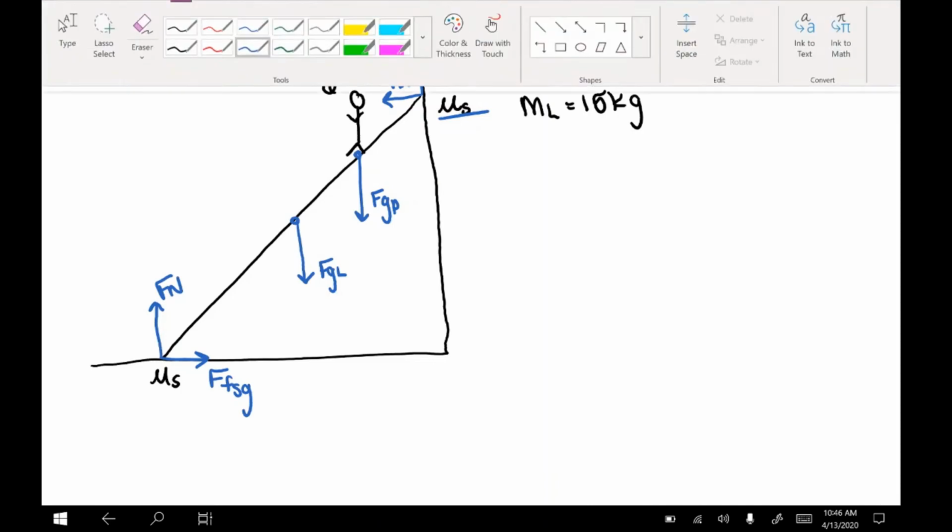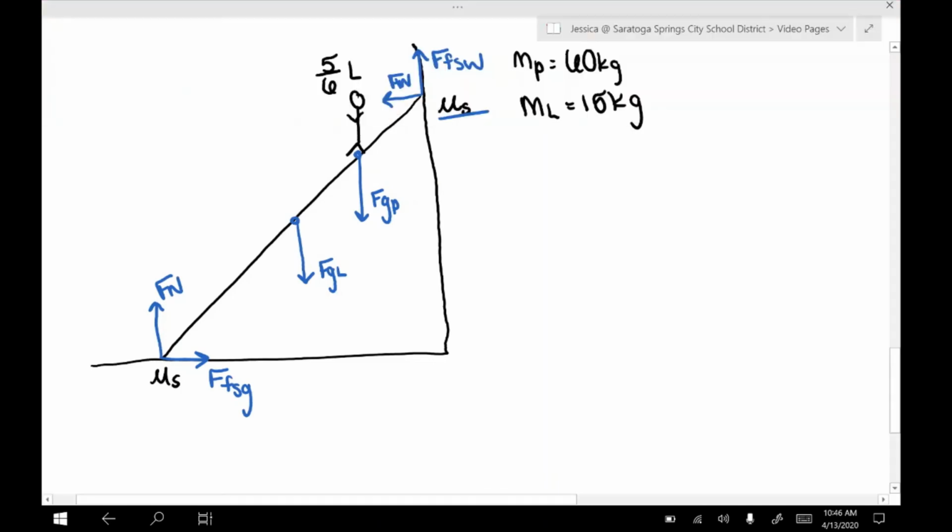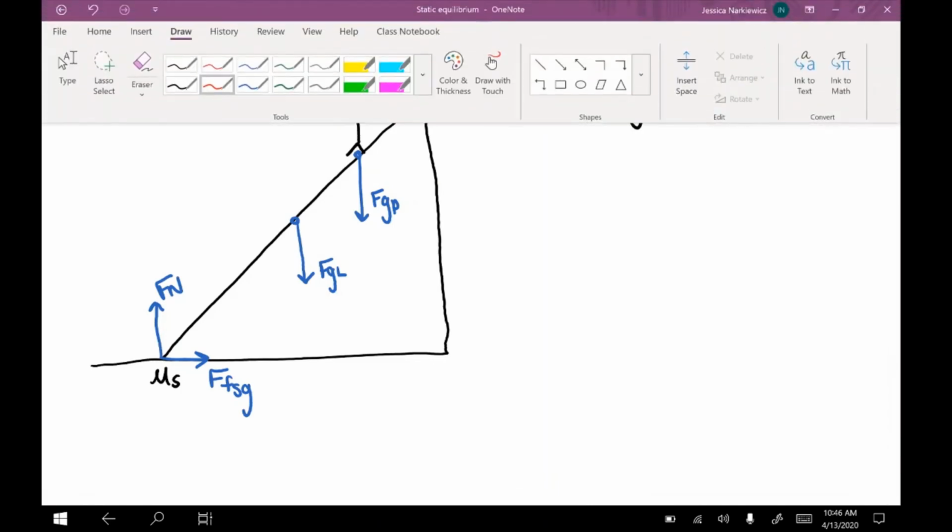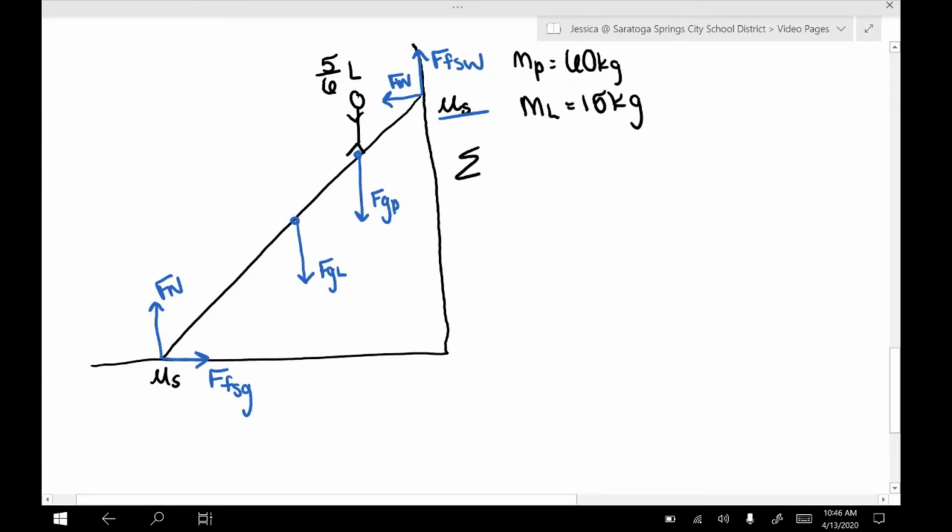Okay. So, net torque, net force. Super fun. Let's start with net torque. Okay? I'm going to say that my axis of rotation is this bottom point here, which means the normal force and the force of friction from the ground do not produce torques. FGL and FGP produce negative torques.